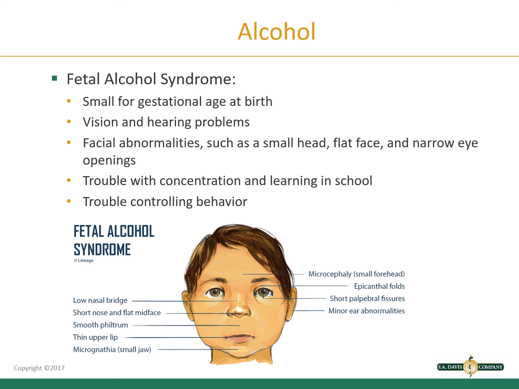It's also known to sometimes cause heart defects and problems with the kidneys and the bones, and problems with the brain and central nervous system like poor coordination and balance, intellectual disability, poor memory, poor attention span and judgment skills, hyperactivity, or rapidly changing moods.